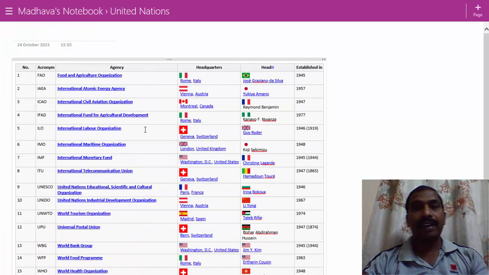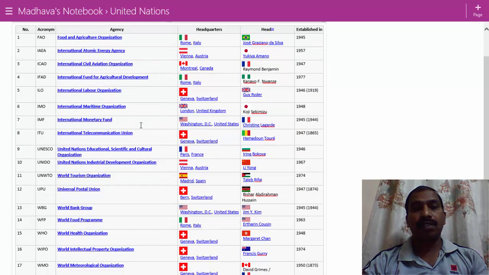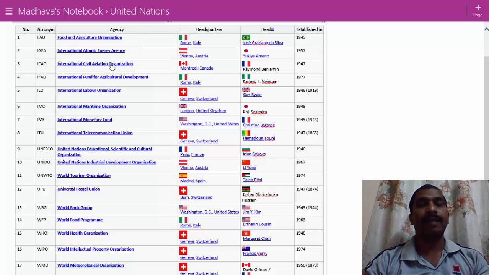These are the different organizations which are subsidiaries of the UN, such as the Food and Agriculture Organization, International Atomic Energy Agency, International Civil Aviation Organization, International Fund for Agricultural Development, International Labour Organization.